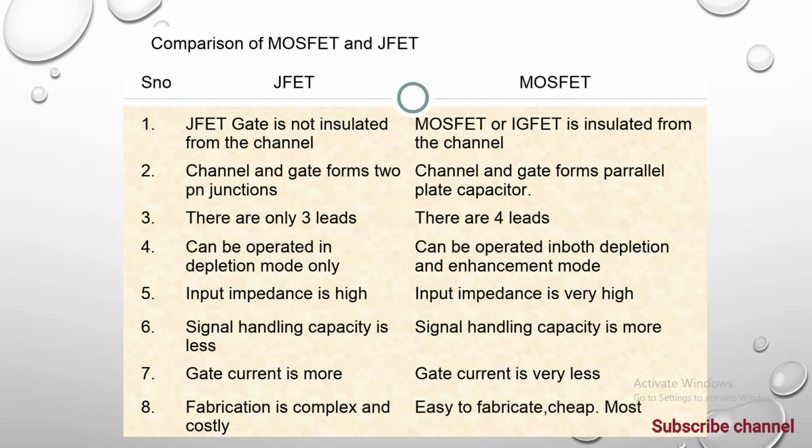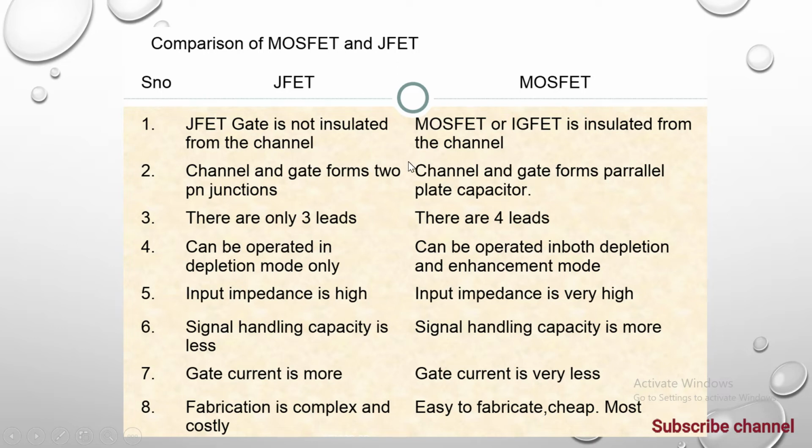And these are the differences between JFET and MOSFET, because JFET gate is not insulated from the channel material, and MOSFET is also called IGFET, because in it the channel is insulated from gate through silicon dioxide layer.